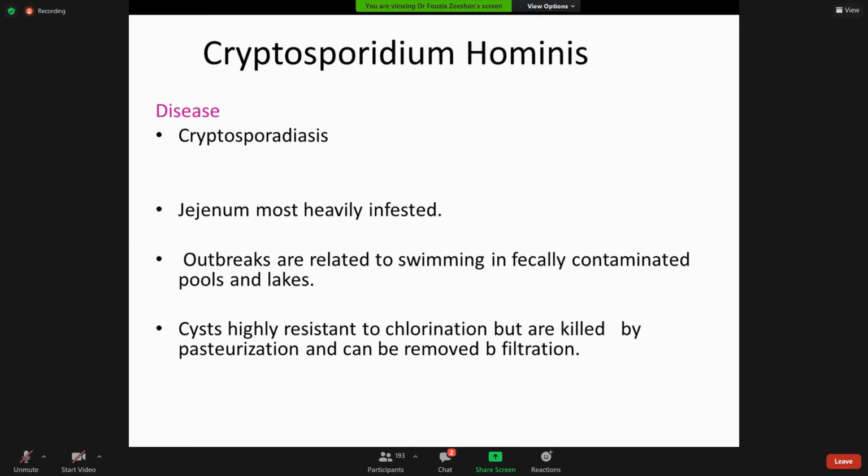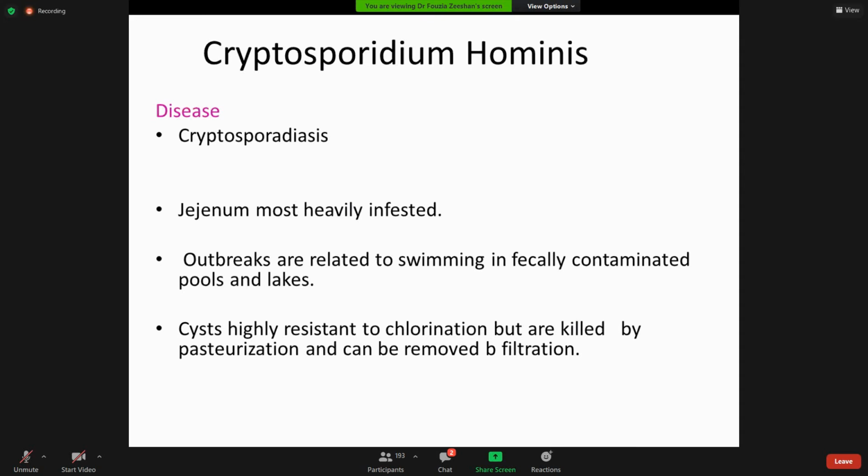Cysts are highly resistant to chlorination, but they can be killed by pasteurization or autoclaving, and can be removed by filtration. Filtration can remove cysts, but the filtration process cannot kill them. So boiling, pasteurization, and autoclaving are helpful in killing the cysts.